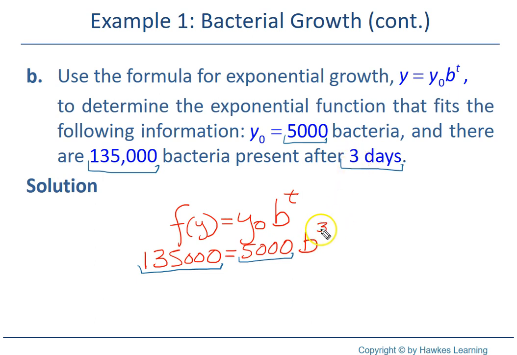So we put our exponent of 3. So what do we do now? Well, it's just solving this equation. We're going to divide both sides by 5,000. Here the 5,000s cancel out, and we get b to the third, and we get an answer here.